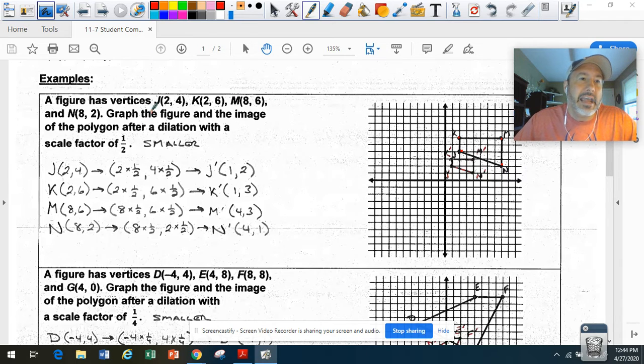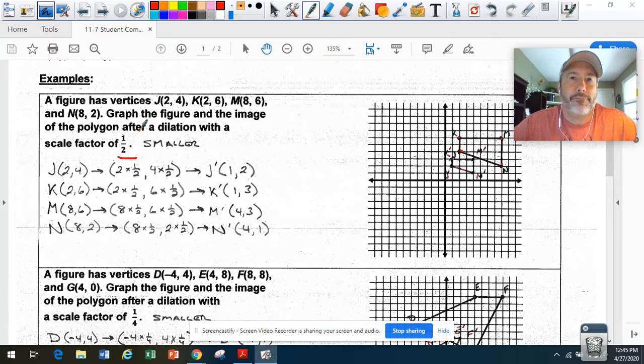Now it says the image of the polygon after dilation with a scale factor of 1/2. Now, a scale factor of 1/2 means it's less than 1. If it's less than 1, that means it's going to be smaller. So think about it like this. If you have a scale factor that's less than 1, the new object will always be smaller.